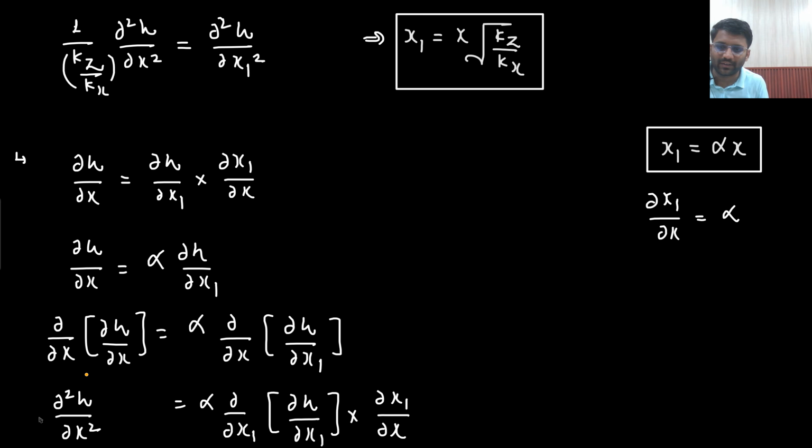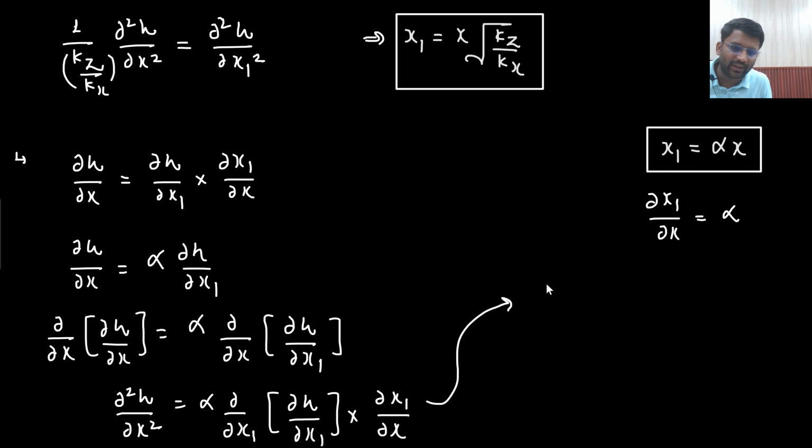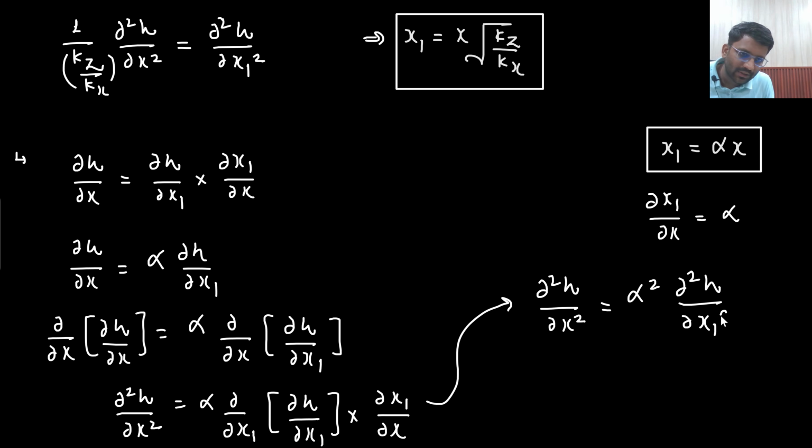So from here if we equate, then what are we getting? Del square h by del x square would come out to be alpha square into del square h by del x1 square. And what are they equal to actually? From equation 1.